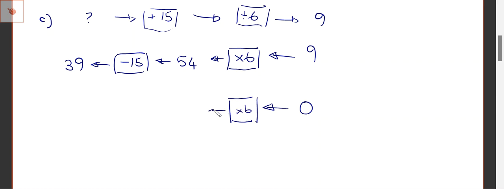Do that. Do that. Ready? What do we get? 0. 0 times 6 is 0. 0 subtract 15? Negative 15.